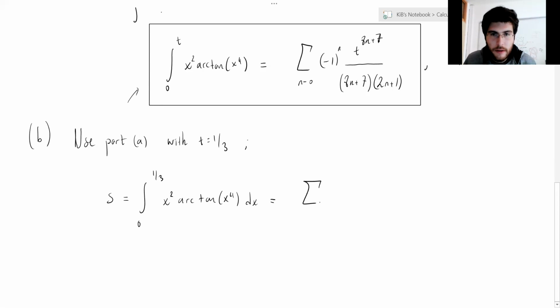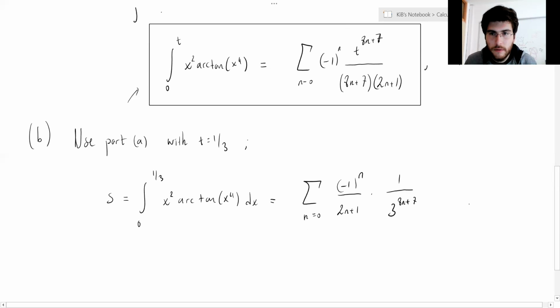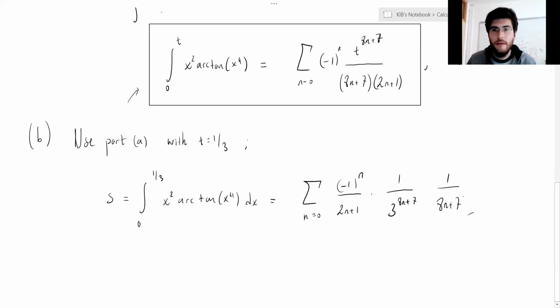On the right-hand side here, we have n from 0, just substitute t equals 1/3. We have something like this. So let me write it down directly: 1 over 3 to the power 8n plus 7.